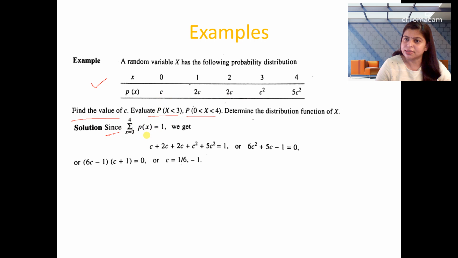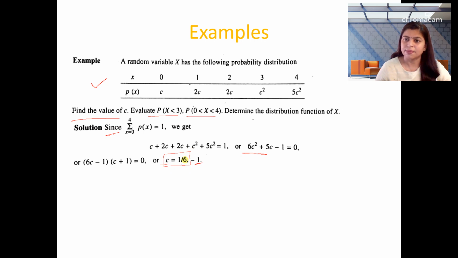So if we add this and solve, this is a quadratic equation, so you will get two values of C: C equals 1 by 6 and minus 1. Minus 1 you cannot take because corresponding to 0 you will get negative 1, and a negative probability doesn't make any sense. So now we must use C equals 1 by 6.